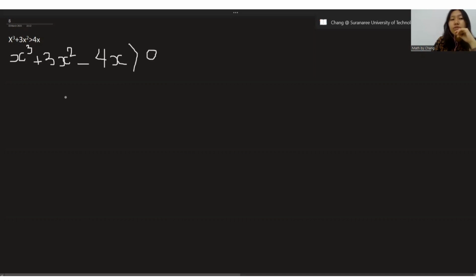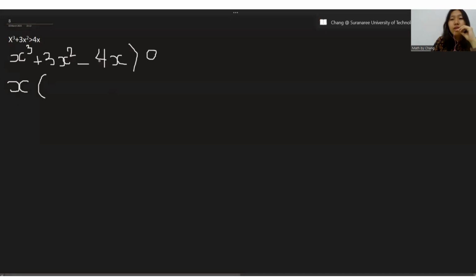Now we have to take the x out, as it is a common factor: x cubed, 3x squared, and minus 4x.